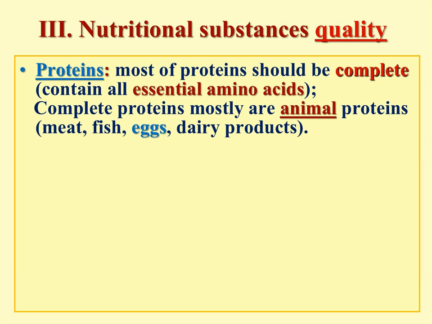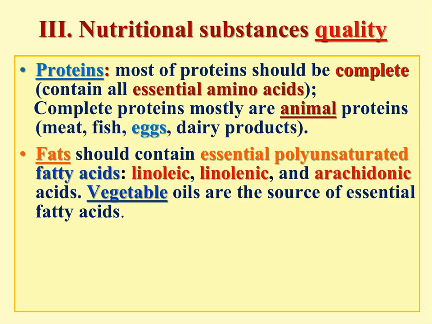Egg is shown here differently from others because egg protein is considered to be the standard ideal protein according to the World Health Organization. The egg protein contains clearly all the necessary amino acids. So for proteins, again, I'll come back.